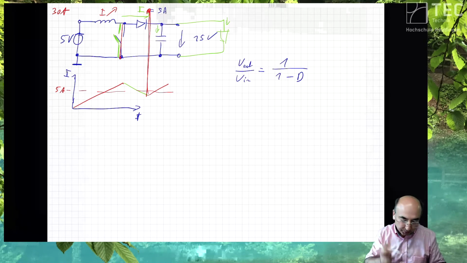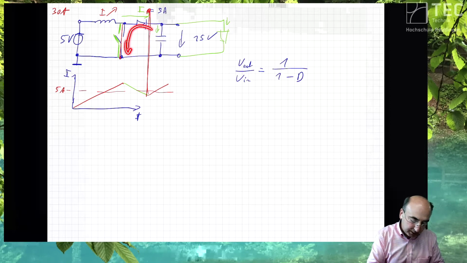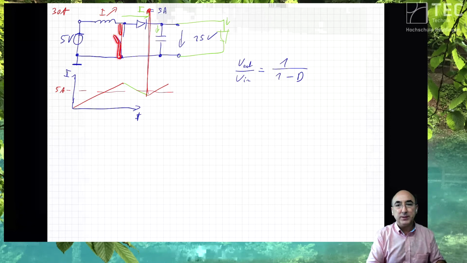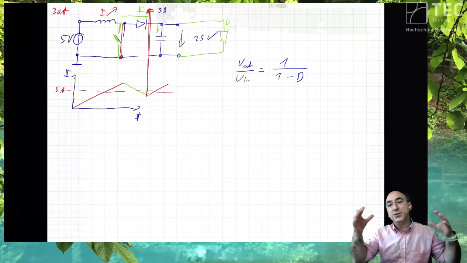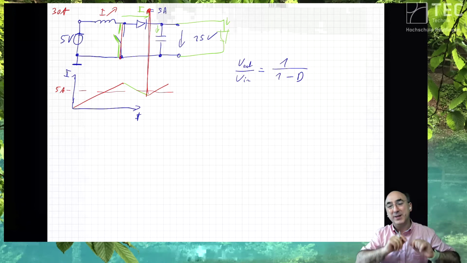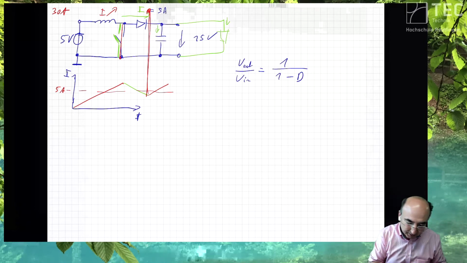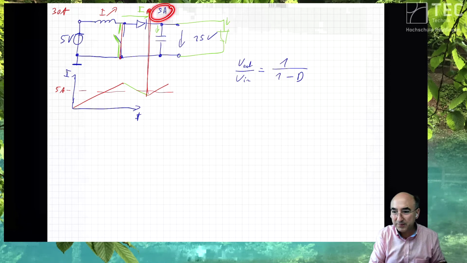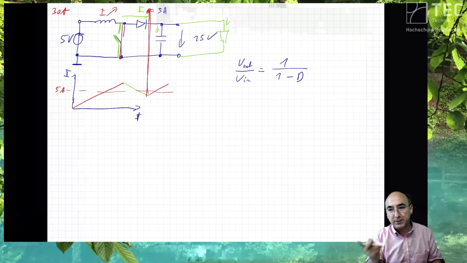Point one. Point two, you have to let through this high current value. So your transistor is dimensioned larger than you require for the application itself. Both actions are done in power electronics.